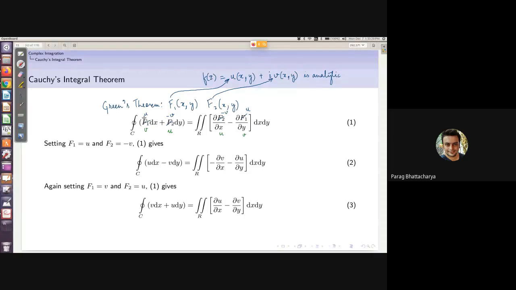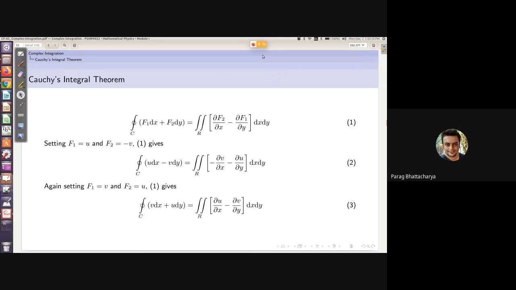When I do that, I'll get the closed loop integral of v dx plus u dy on the left hand side, which is equal to the surface integral of ∂u/∂x minus ∂v/∂y. Just making this substitution. So this is your equation number 2 and equation number 3. Okay, is this clear?